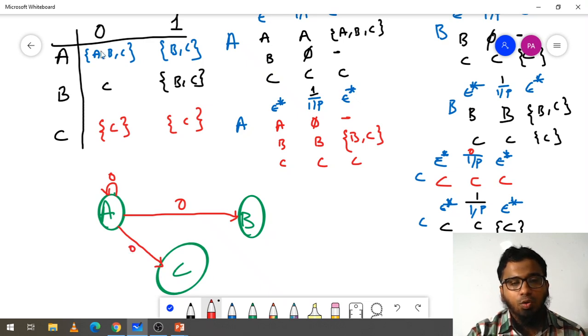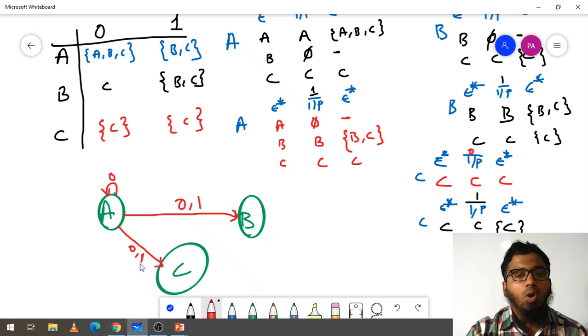Next, A on 1 is going to B, so you can write comma 1 here, and A on 1 is going to C. So this finishes A.